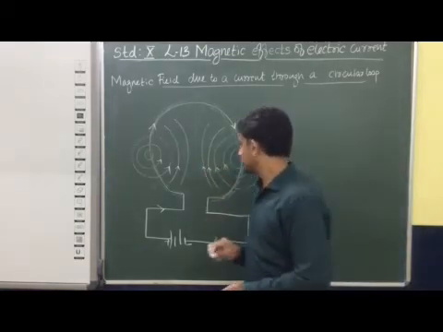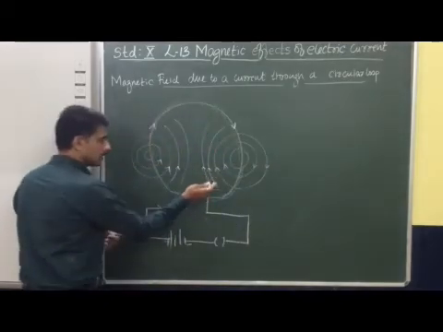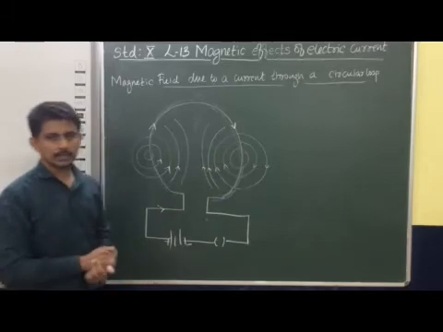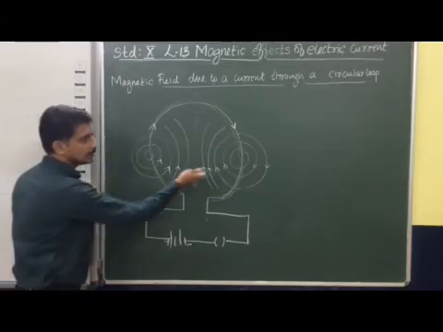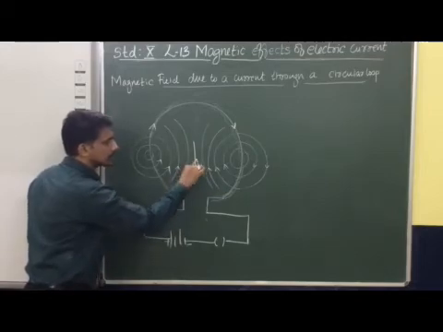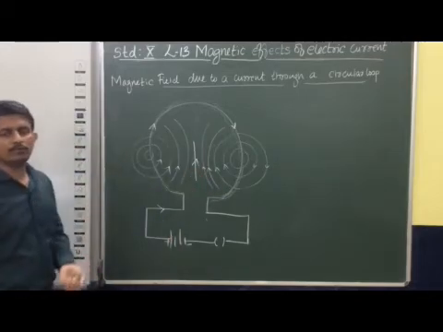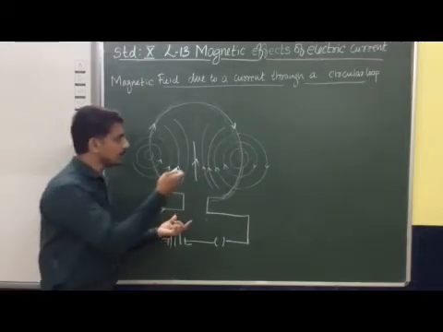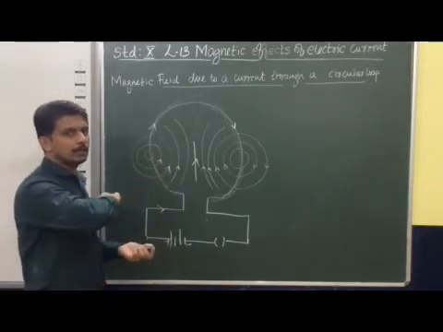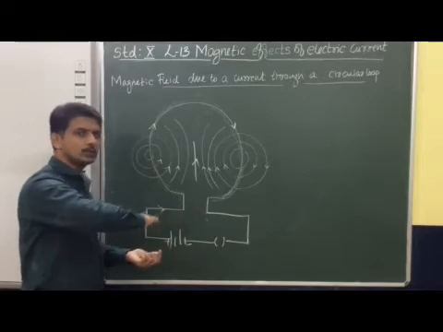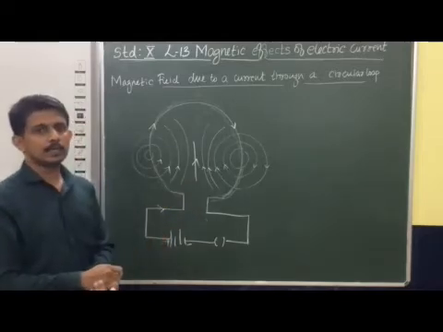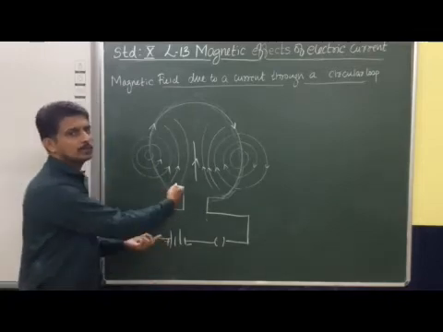As we go away from this current carrying conductor, the strength of the field decreases. At the center we get the field line in the form of a straight line which is going in the inward direction. If you consider this diagram on a horizontal surface, you can understand that these field lines are going in the inward direction.